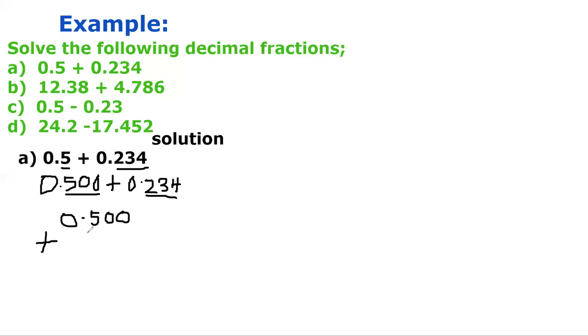The point must be in line, so here will be the point, which will start with the 2, 3, and here will be 4, and then the 0 will be here. So you could see that my point is in line. Then you start indicating the position of the numbers. You know, decimal numbers start with the what? With the tens, hundreds, and then thousands. Okay.